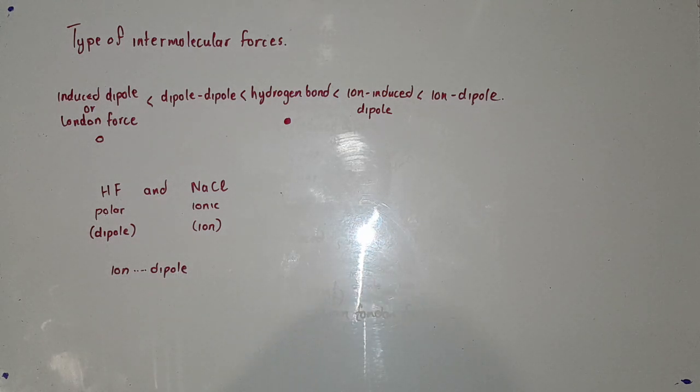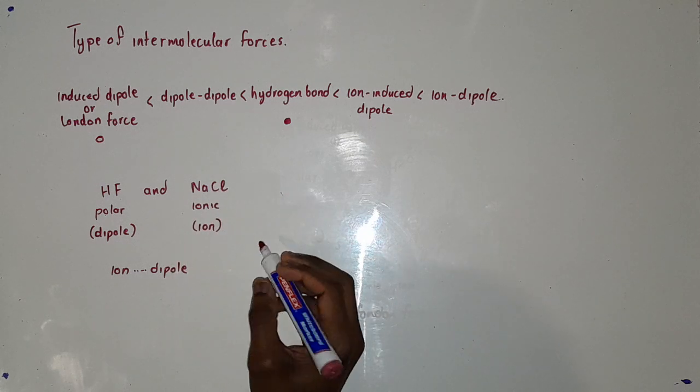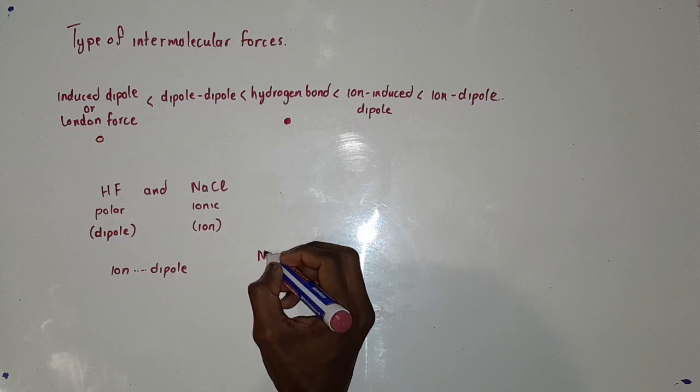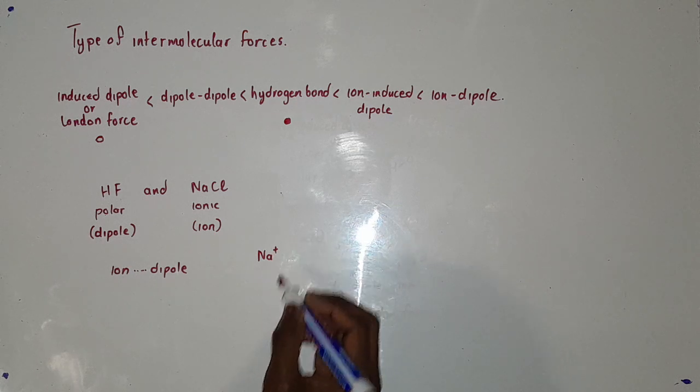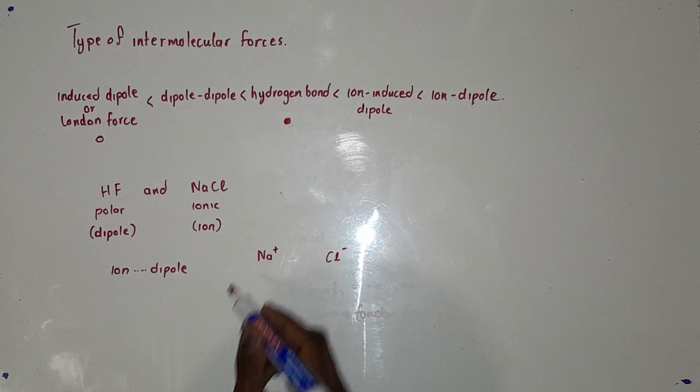Do you understand? If I were to draw a sketch, it will be something like this. We know that this one dissociates, you see, then we are going to get a situation which is like this.